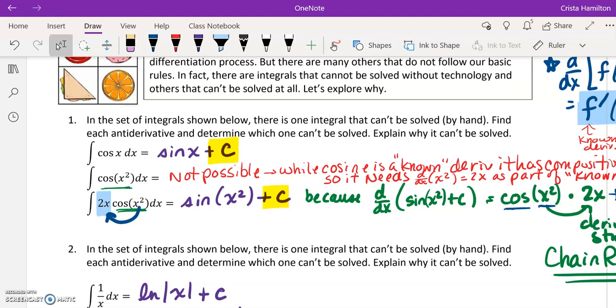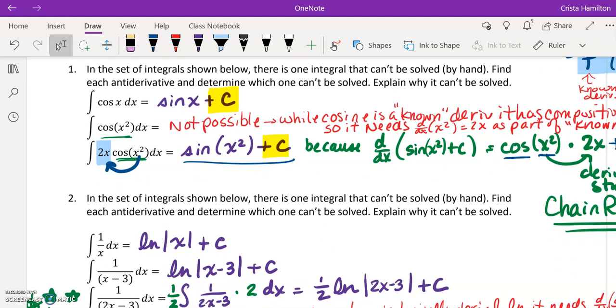You can almost ignore the 2x. Notice that in the general antiderivative, there's no 2x in it, because that was the derivative of the stuff. I put it back inside with the inside function, and I don't really use that at all. It just has to be there to be the known derivative.